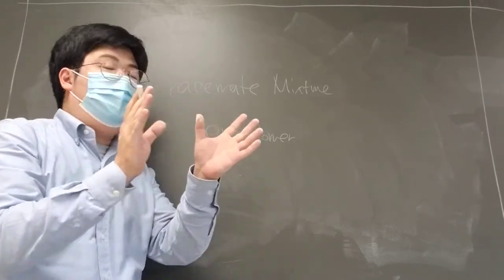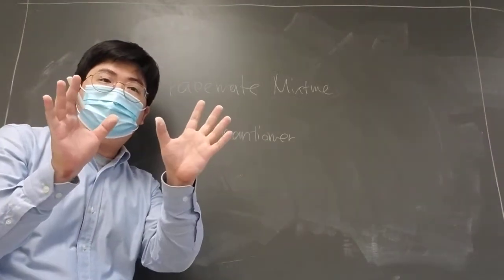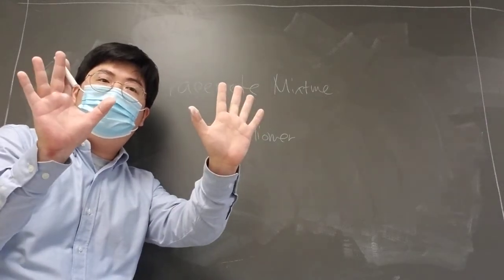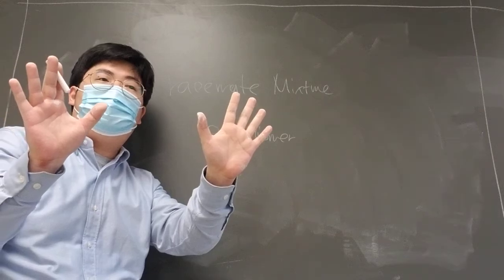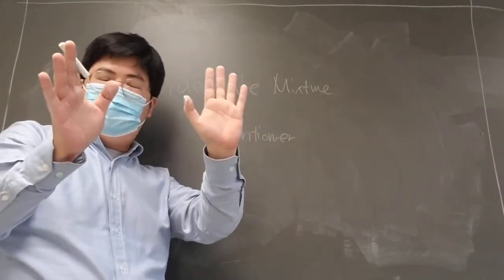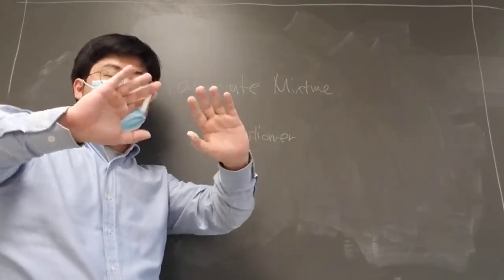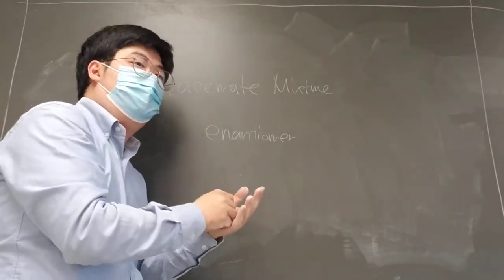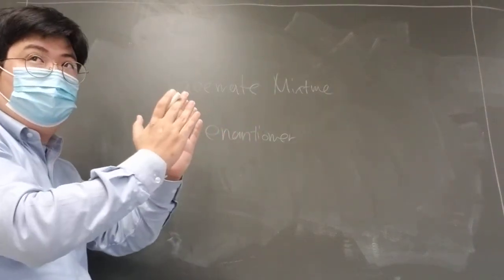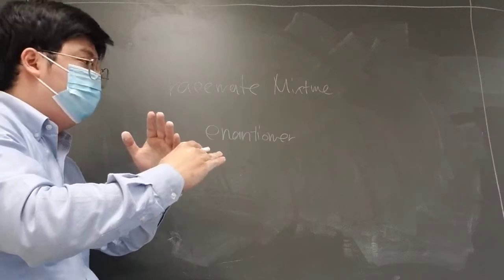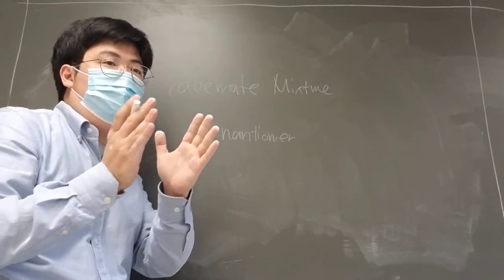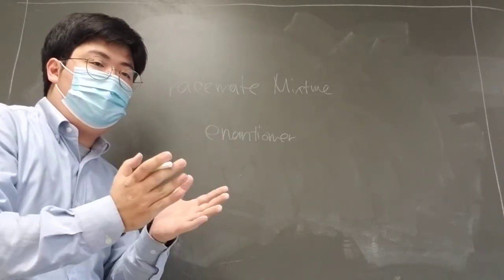But the enantiomers have optical activity, and these two have opposite optical properties, right? If one rotates to the right, the other will rotate to the left, and so forth. Okay, it's either dextrorotatory or levorotatory. They're at the same degree, but the opposite direction. So a racemate mixture is simply 50-50 of each enantiomer of the compound.